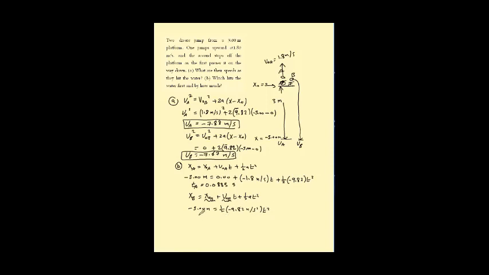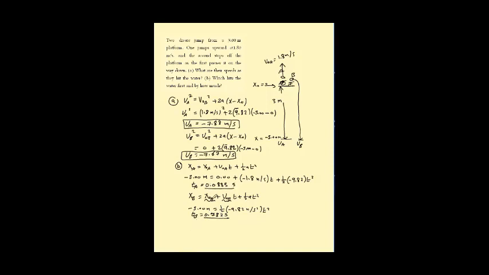Solving this relation, we find tB equals 0.782 seconds. It's the time for B and this is the time for A.